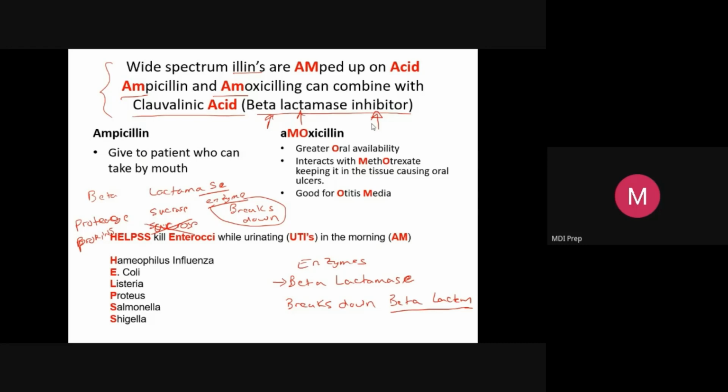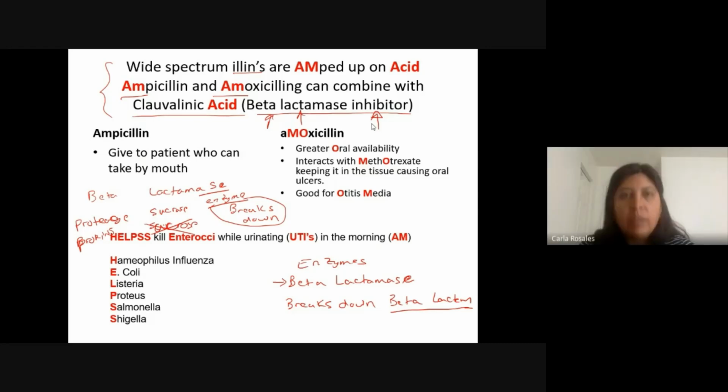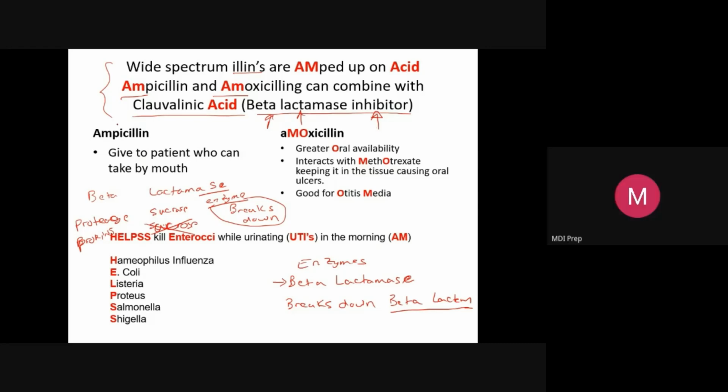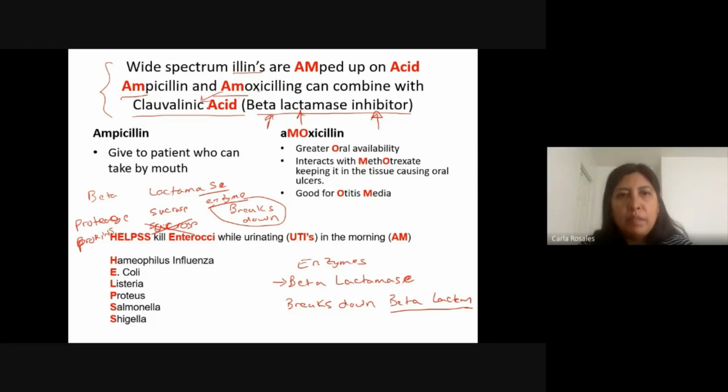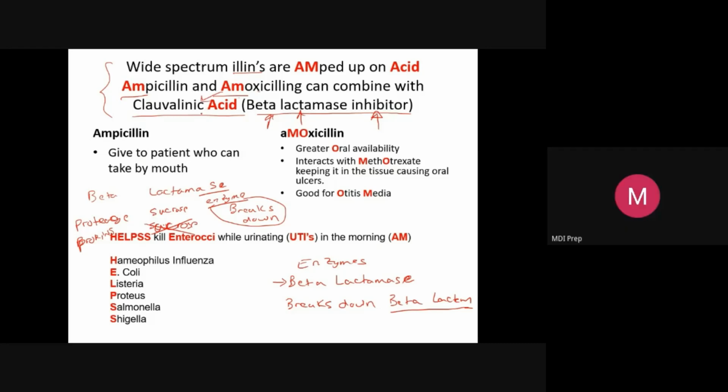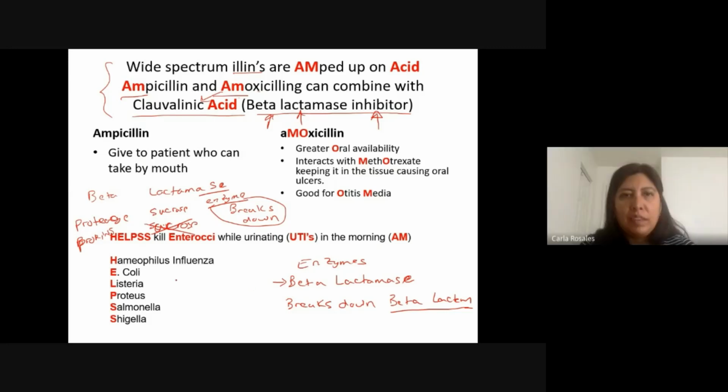So that's why sometimes you have to combine amoxicillin with clavulanic acid. Because if you just give them amoxicillin, sometimes the bacteria may get smart and be resistant to it. Does that make sense? Yes.